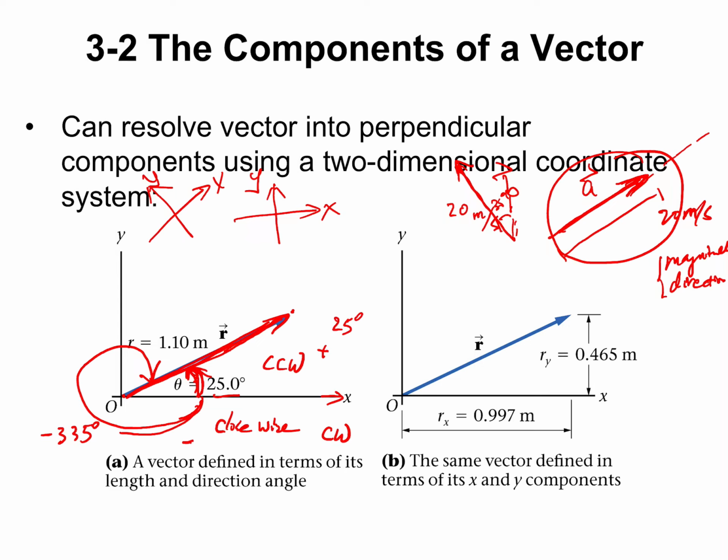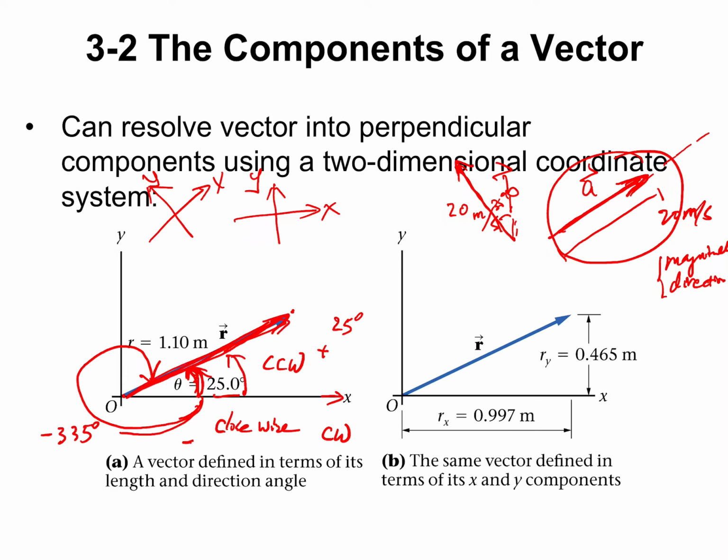I say this vector is 1.10 meter magnitude and 25 degree direction. You can tell 25 means the angle between this vector and the positive x-axis is 25 degrees, and you rotate from the x-axis to that vector counterclockwise.